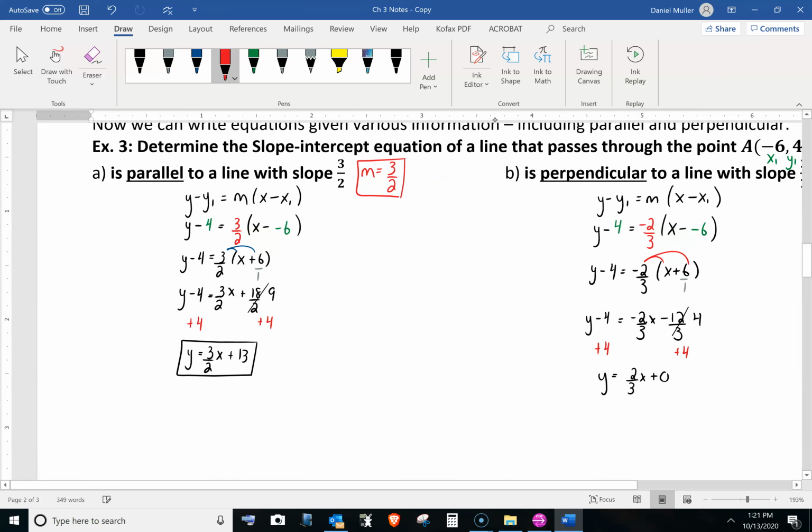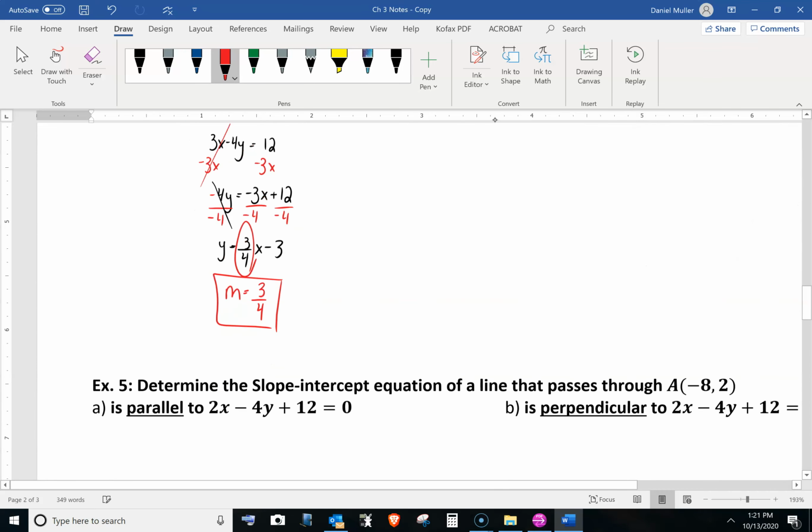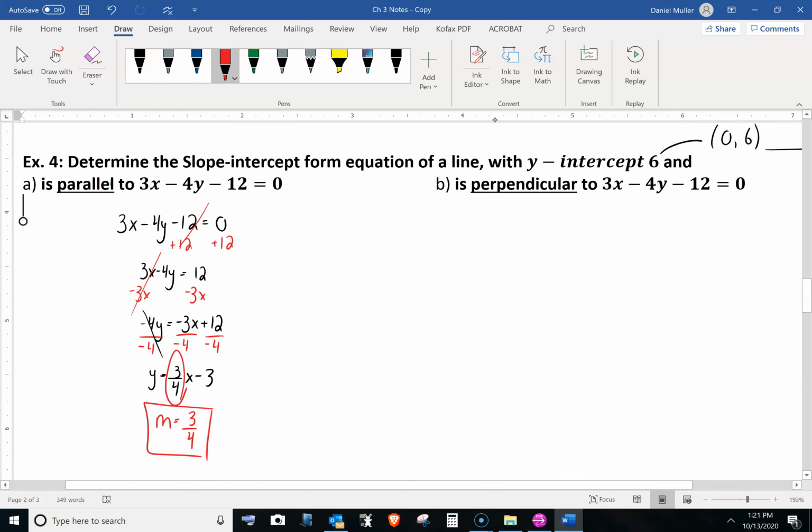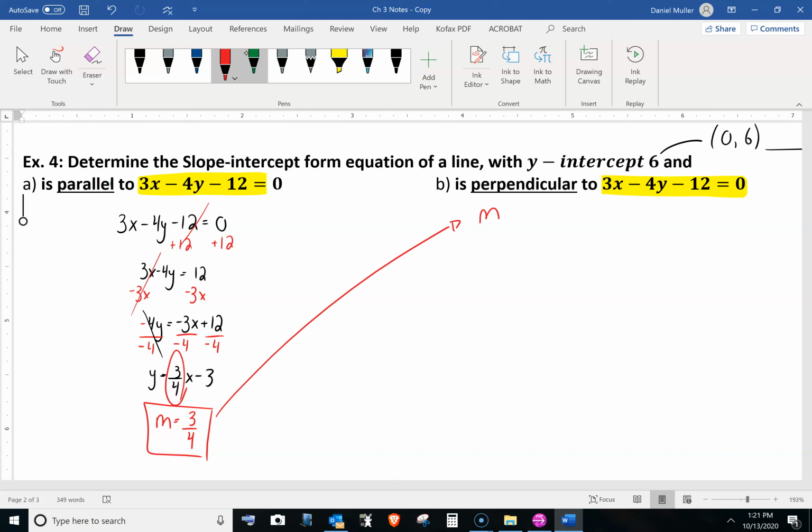I had to do a bunch of work to come up with the equation and make it 3 over 4. Now, luckily for me, these are identical. So when it asks me for perpendicular, I will just say flip it to 4 over 3 and make it negative. So that one at least I can just immediately do.